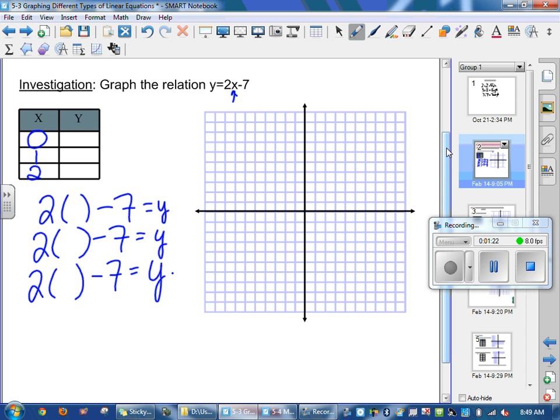That's your pattern. All of those x numbers are going to go sit in those brackets. So I'm going to use the 0, the 1, and the 2, and that's going to find me my y numbers after I do the BEDMAS.